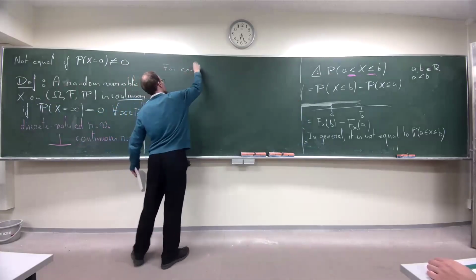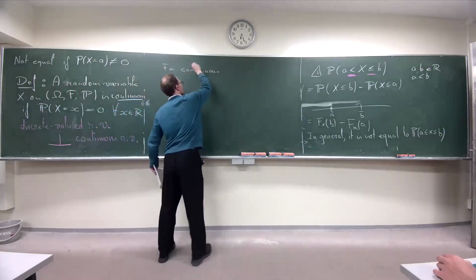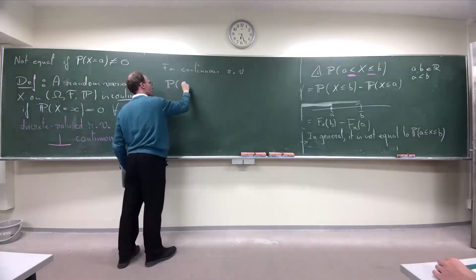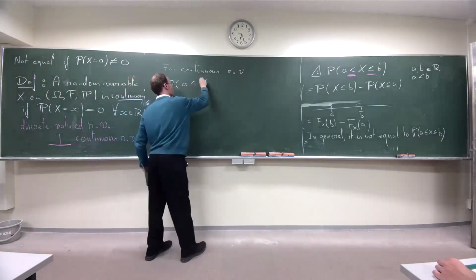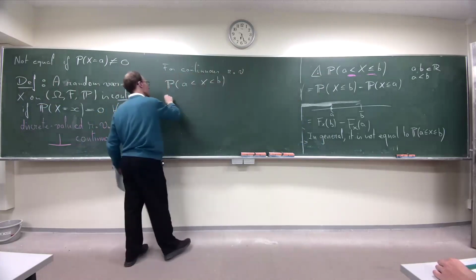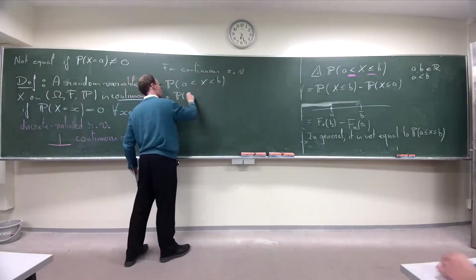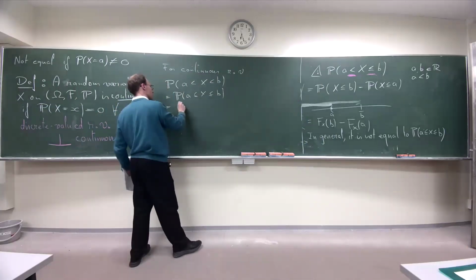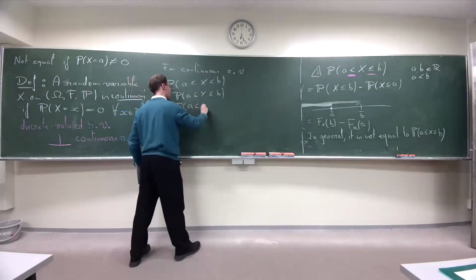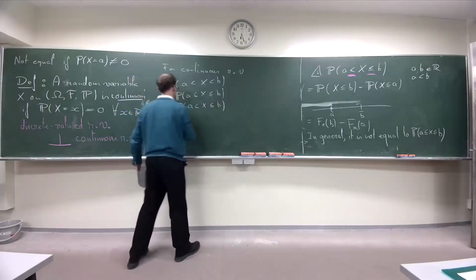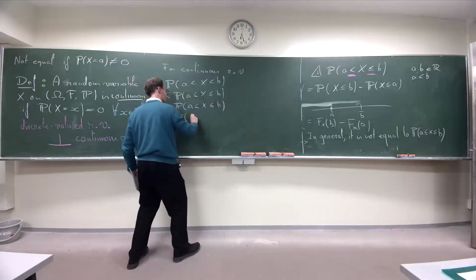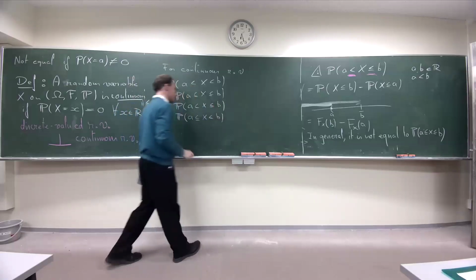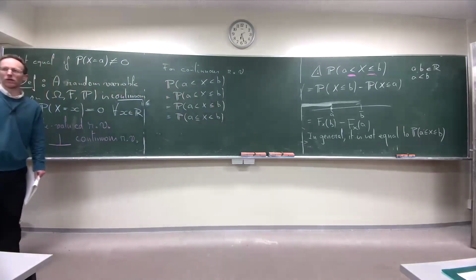For continuous random variables, you can write without any problem that the probability of A smaller than X smaller than B is the same as the probability of A smaller or equal to X smaller or equal to B. And you can also write A. In fact, you can deduce the last two from the other two.